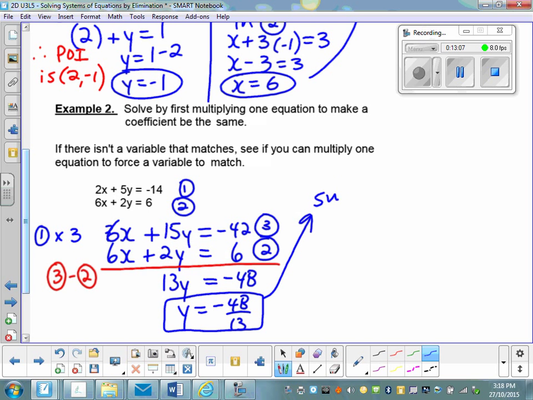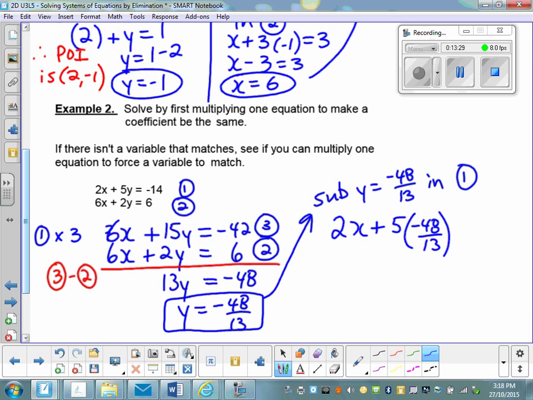So now we need to sub y equals -48 over 13 into equation 1. So 2x plus 5 times -48 over 13 equals -14. So 2x, and then 5 times -48 is going to be -240 over 13.